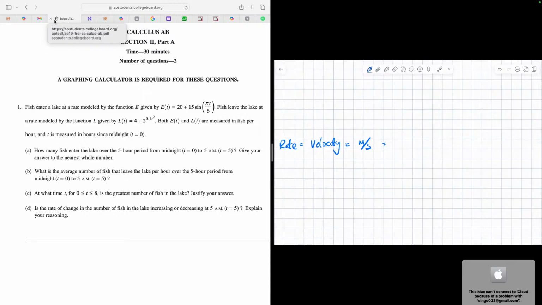So in terms of this particular question, this will be fish over hours, right? Because that's the units according to this question, 2019. Is that okay? Yeah. So if I integrate it, fish is equal to, well, if I integrate meter per second, what am I gonna get?